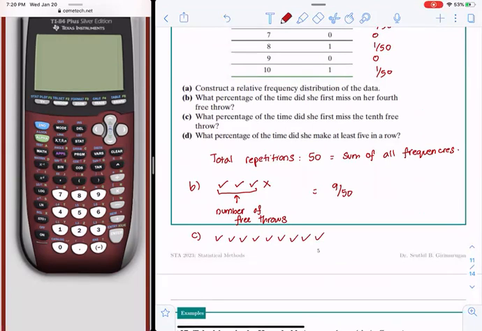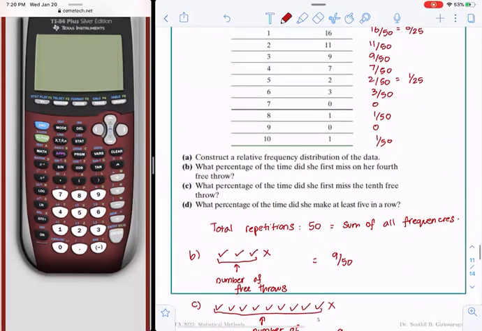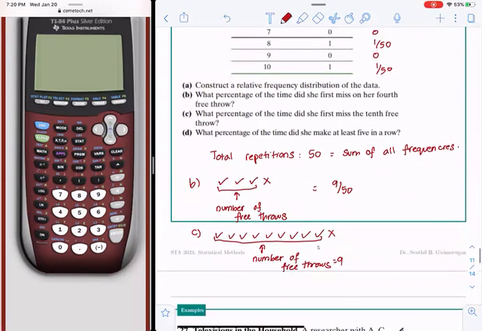And she missed her 10th free throw. So the number of free throws is actually 9. So that would correspond to 0/50, which is simply 0.